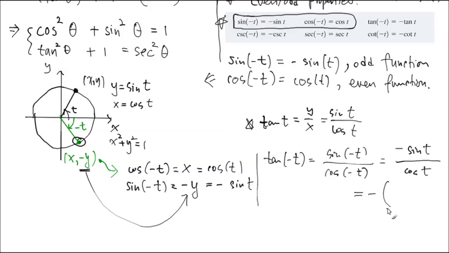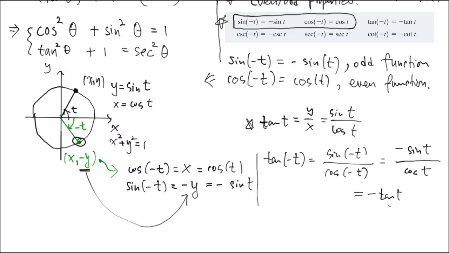Then it remains sine divided by cosine, which is known as tangent t. So we can just write it as tangent t. This is what happened. Is the tangent function even or odd? Odd function, right? The tangent is odd. Well, if I give you a number, it's either even or odd, right? But for a function, there is a function that is neither even nor odd.